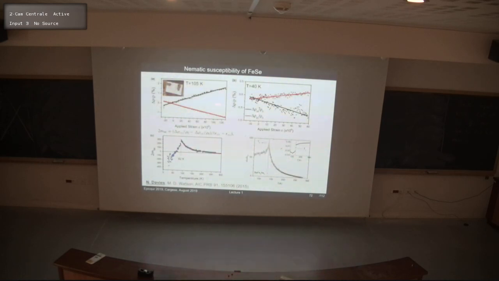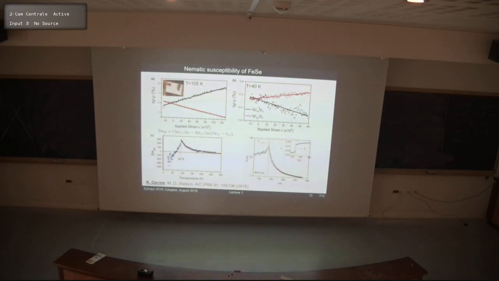A way to test this nematic order is through nematic susceptibility measurements, which I'll describe in more detail tomorrow. But in reality, what you measure here is the degree of anisotropy in transport to a tiny amount of strain. This is equivalent to a susceptibility measurement to test if a material is an antiferromagnet or a ferromagnet.